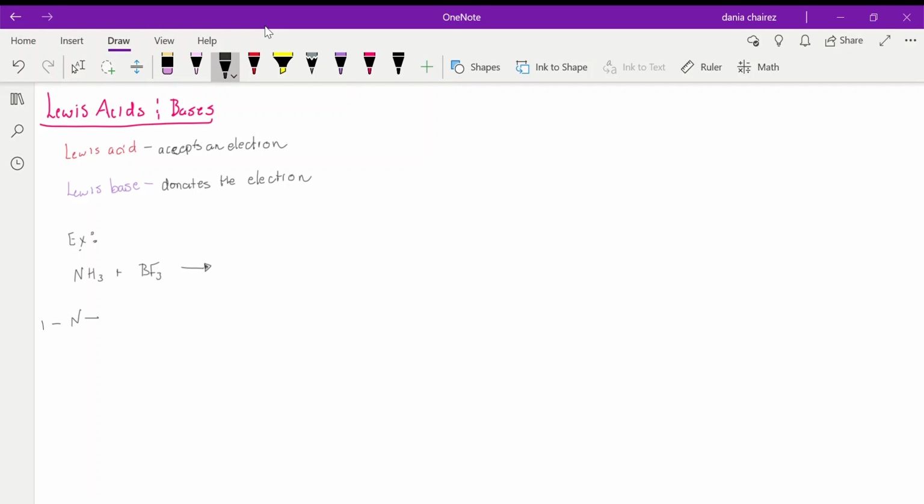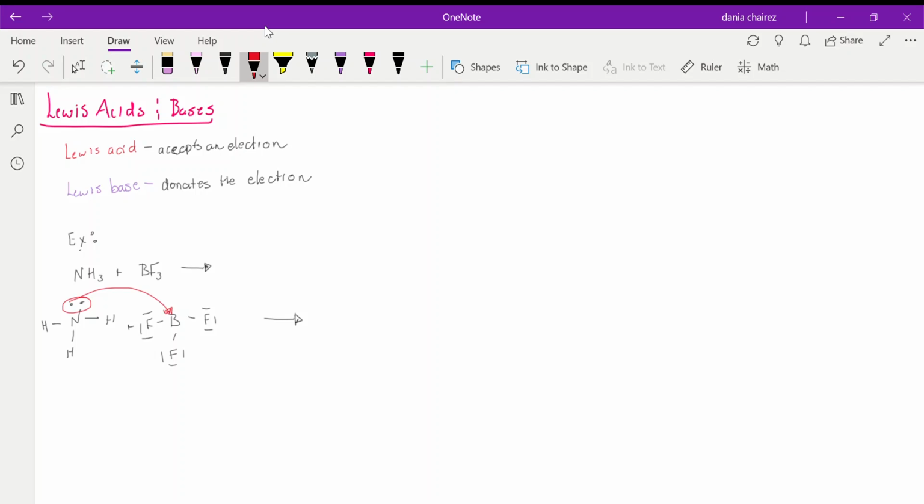So we do our Lewis structure for ammonia plus our Lewis structure for boron tetrafluoride. And what does it yield? So we can see here that ammonia has the electron pair that it'll be able to donate to this boron, because we mostly deal with this in the central atoms, because that's where the lone pairs matter, just for this.